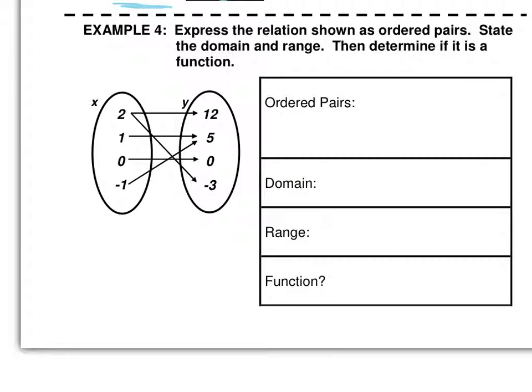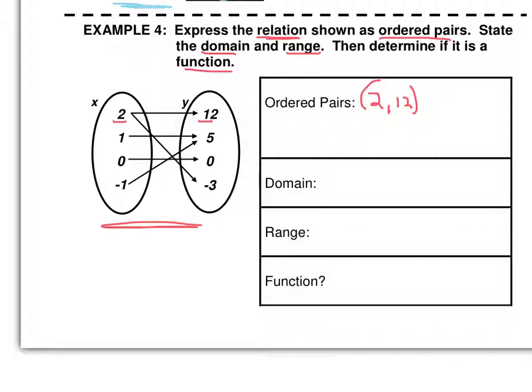In example 4, it gives you some mapping. This is called mapping here. And it says express the relation shown as ordered pairs. Then you state the domain and the range, and then if it's a function. So first we're going to do the ordered pairs. So this 2 goes with 12. So 2, 12 would be an ordered pair.